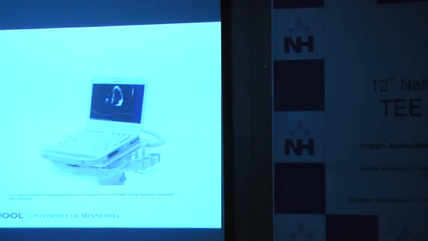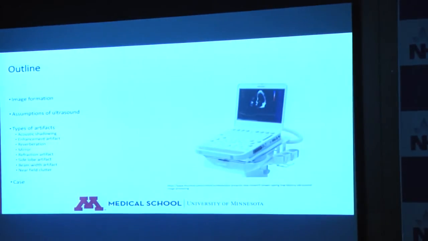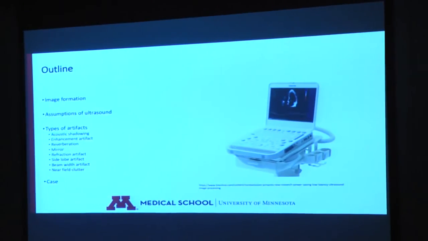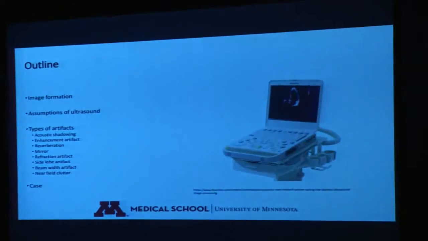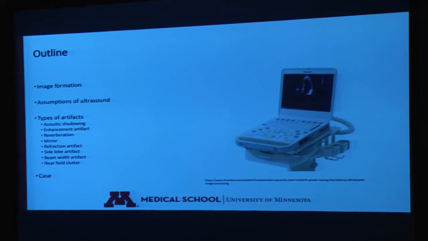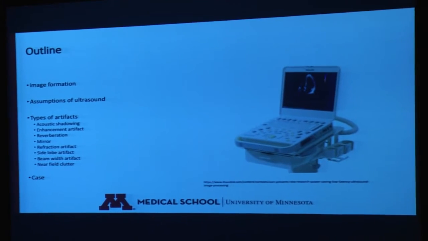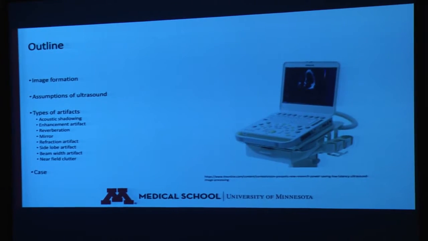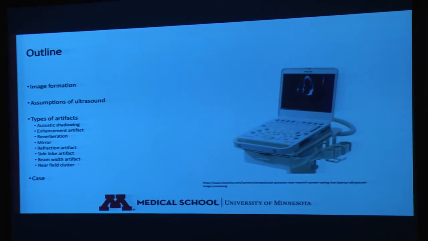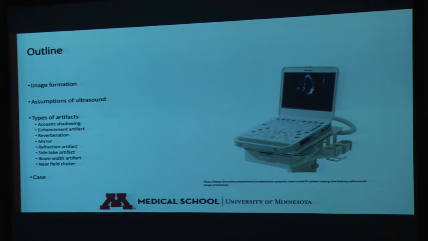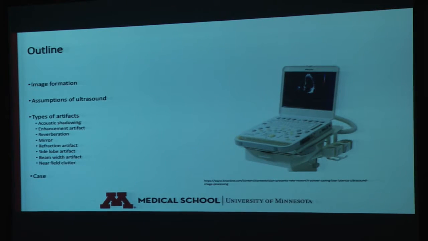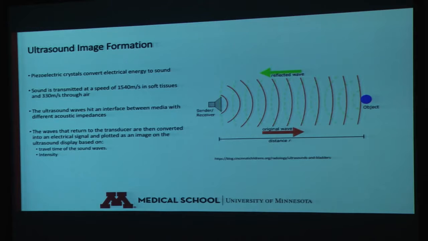We'll go from there and then proceed to talk about the assumptions that are made by the ultrasound machine as it's converting the beams that it receives into the images. And then we'll talk about the different types of artifacts that are formed when those assumptions are broken. And then we'll go over a short case just as a review of the information that we just learned.